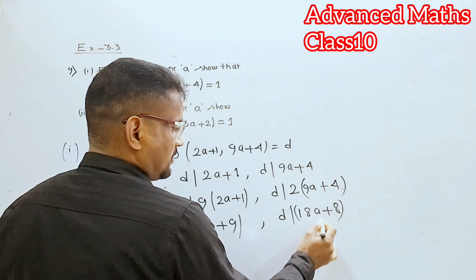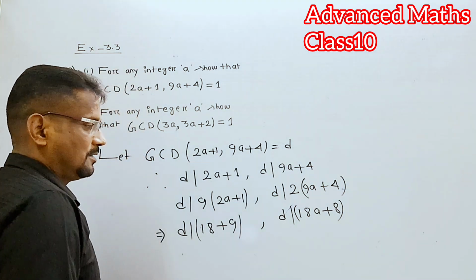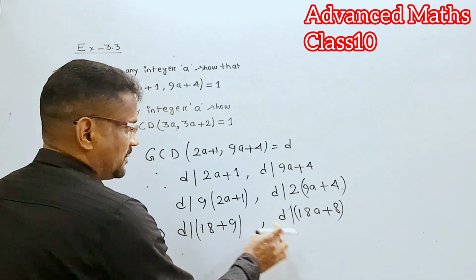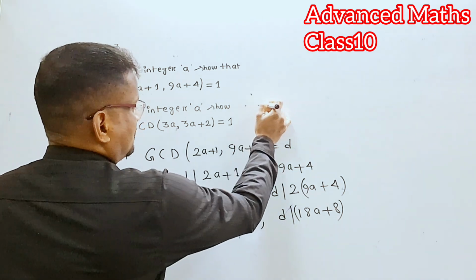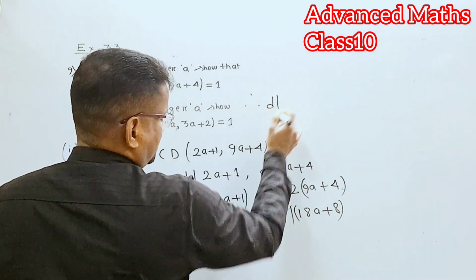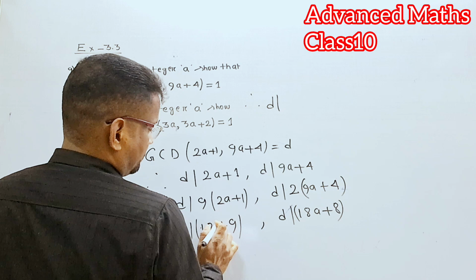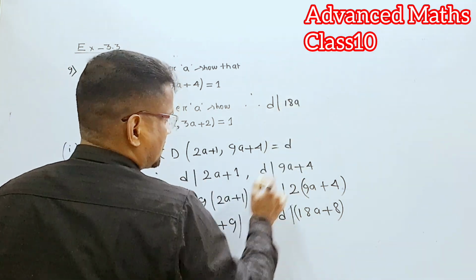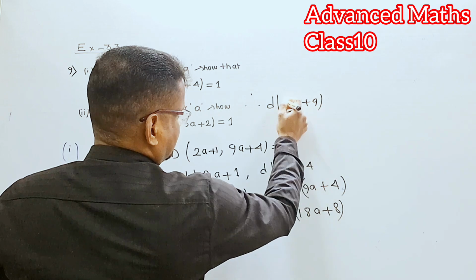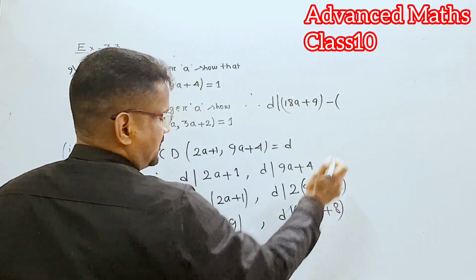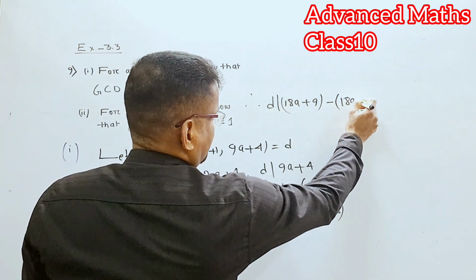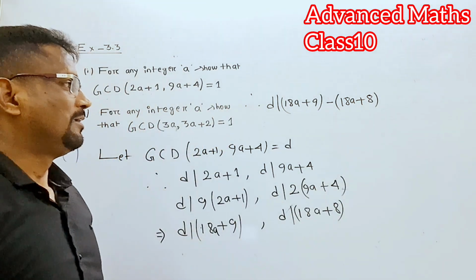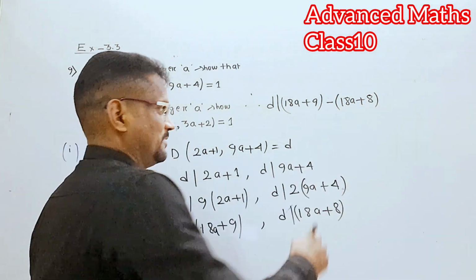Then it's well known to us that the difference of these two is also divisible by D. Therefore, D also divides 18a + 9 minus 18a + 8. Now you see what result you get.